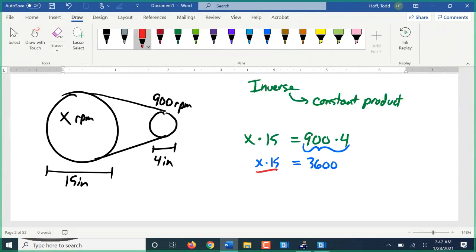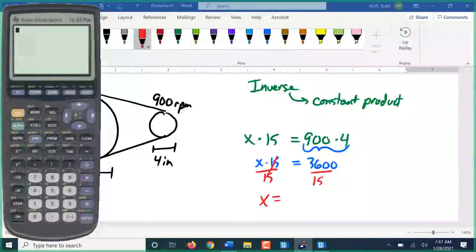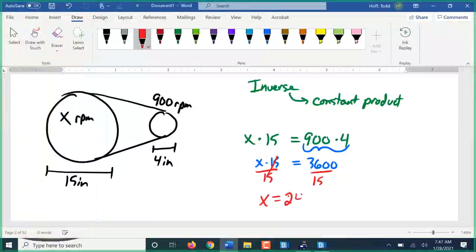Then we're going to divide by the 15. X equals 3,600 divided by 15. It is 240 RPM. So this larger gear is going to turn at 240 RPM.